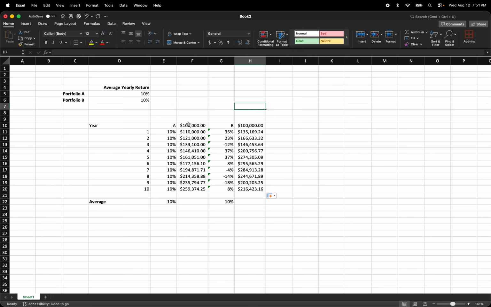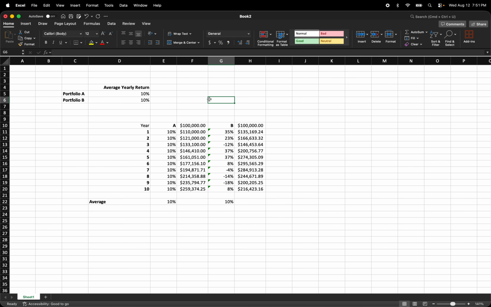We can see that portfolio A ends up at 259,000, and portfolio B ends up at 216,000. But they still average 10% per year. You would think that if you just looked at that, they have the same path, right? But they have different paths.